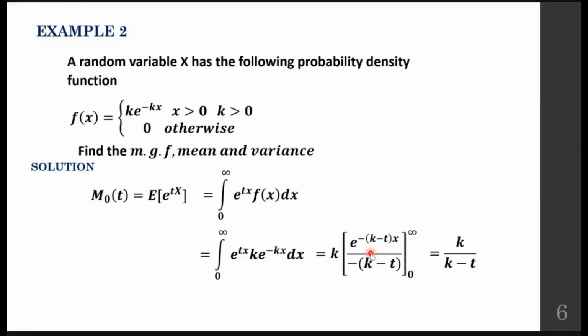Any doubt? We can combine as it is also, e raised to tx minus kx, take x common, write t minus k and then integrate. That part is okay. But when we apply the limit, that part becomes infinity. For this we take the minus sign common. That is the reason we are taking minus sign common. So e raised to minus of k minus t into x upon minus of k minus t.